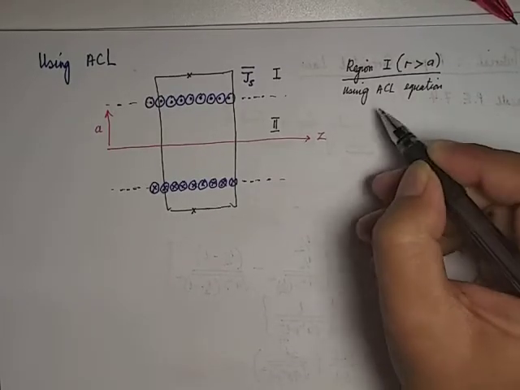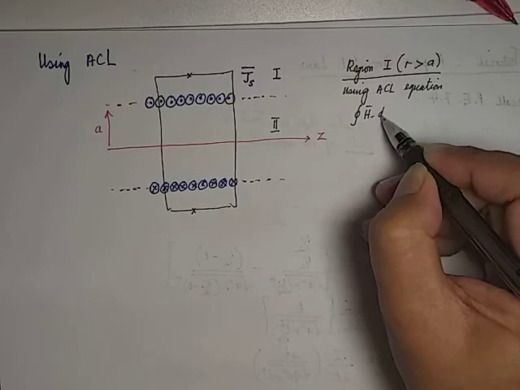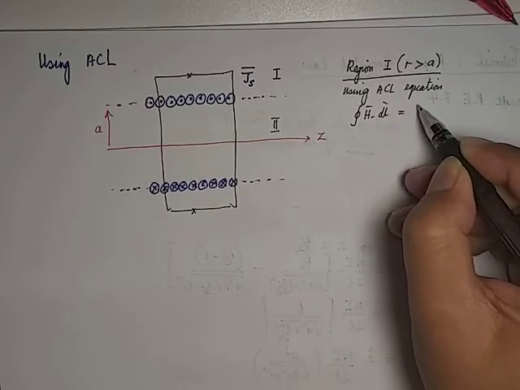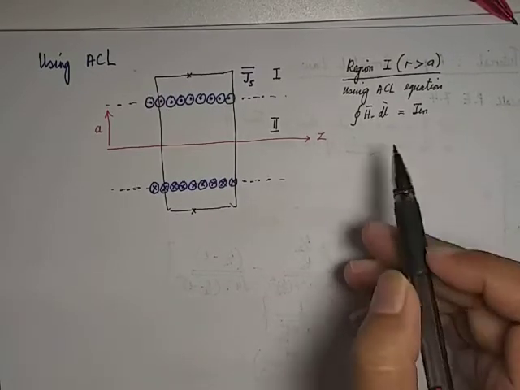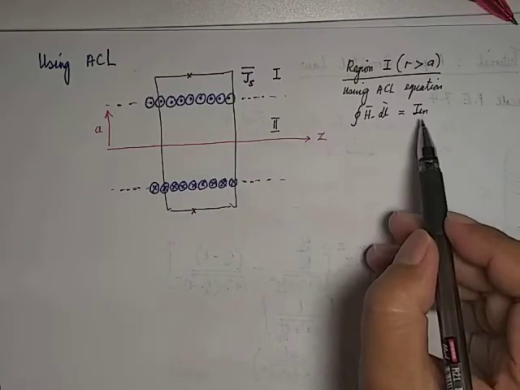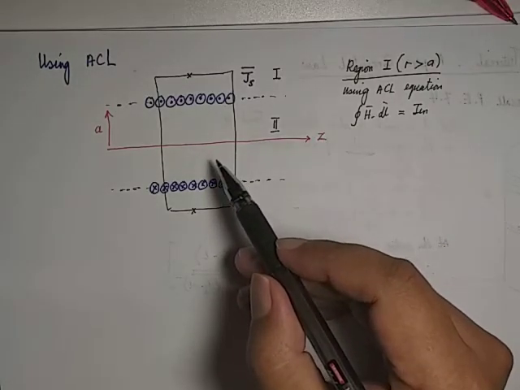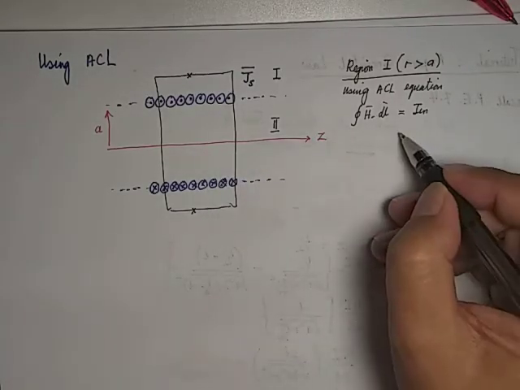What does it say? H dot dl should be equal to I enclosed. Remember, H dot dl is always based on the shape of the loop. I enclosed is defined as the current confined by the loop. I'm going to focus on the I enclosed straight away.